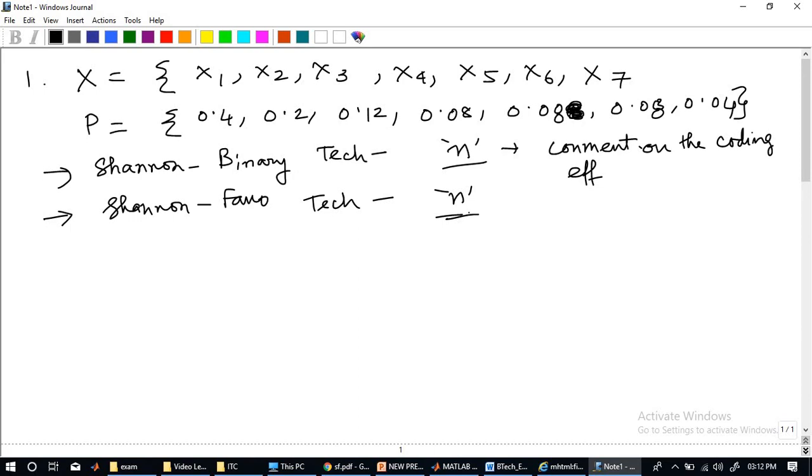So try doing it. The arrangement of the probabilities in decreasing order is already given to us, so we don't have to do the first step where you arrange the probabilities. I'll give you some time. Just do it.